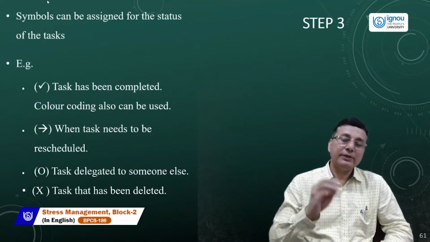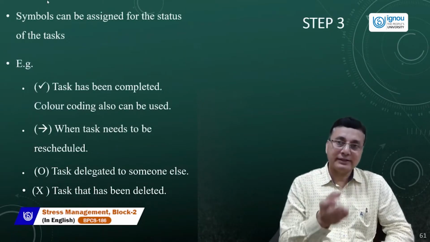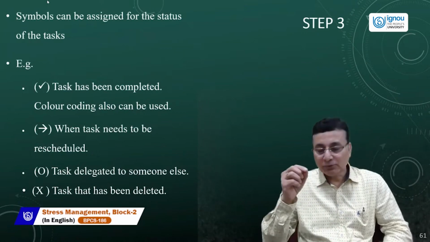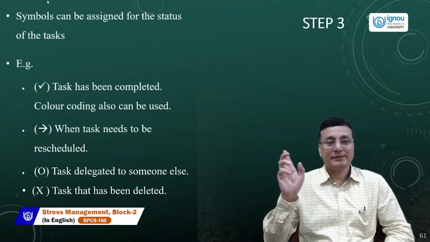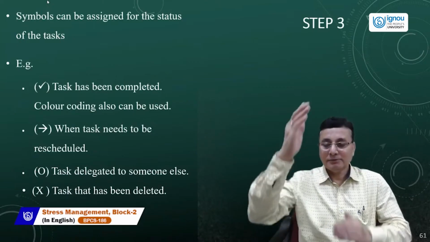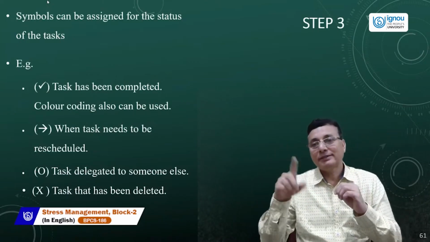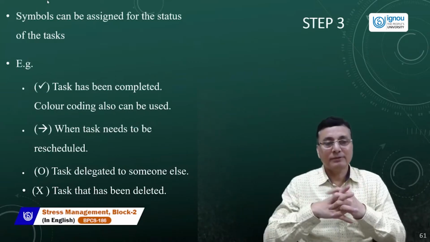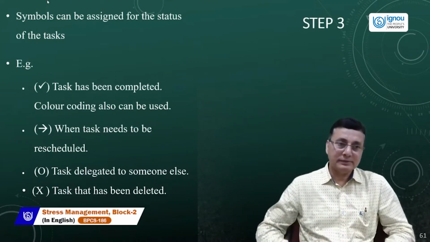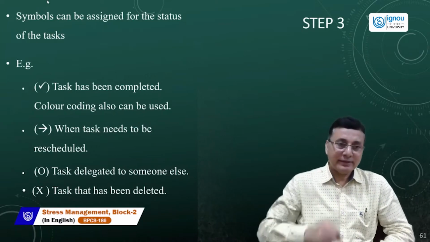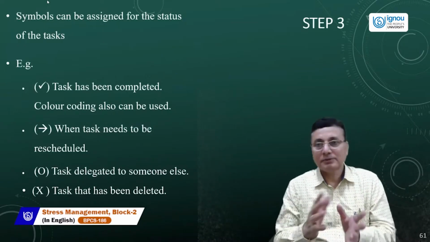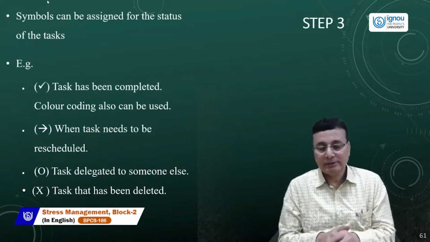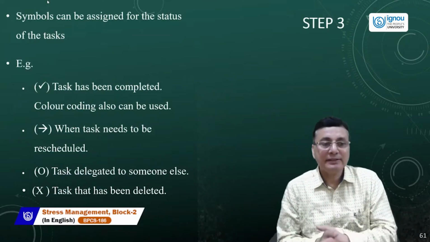So same way, when you have completed the task or at the end of the day, you have to give some mark, like tick mark has been given for completed task. So if you have completed out of 10, you have completed 3, so put tick mark on 3. Like arrow can be when task need to be rescheduled, like it is not possible to complete the task today or to do the task today, so you are rescheduling it.